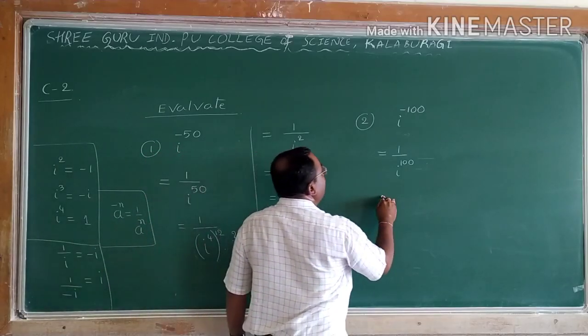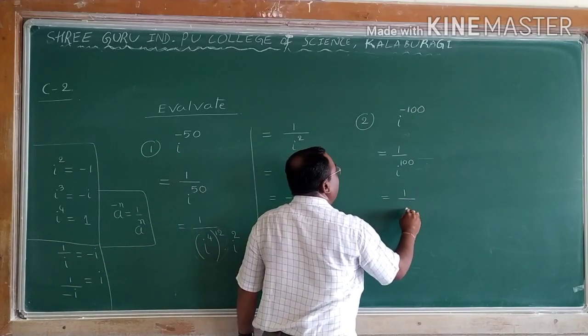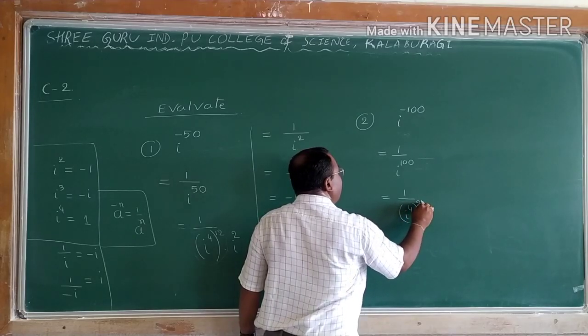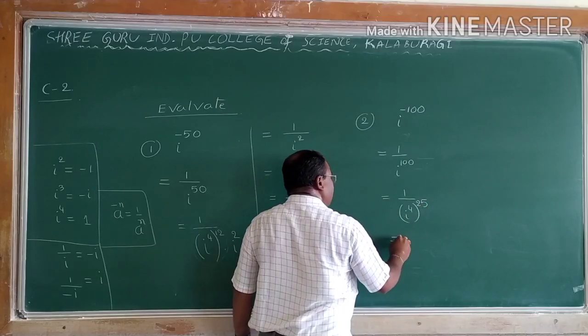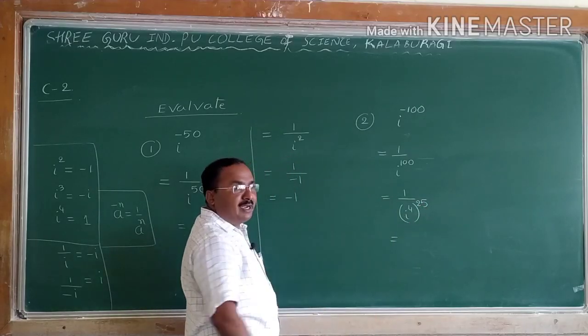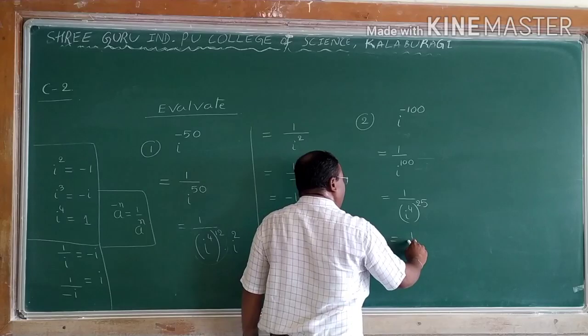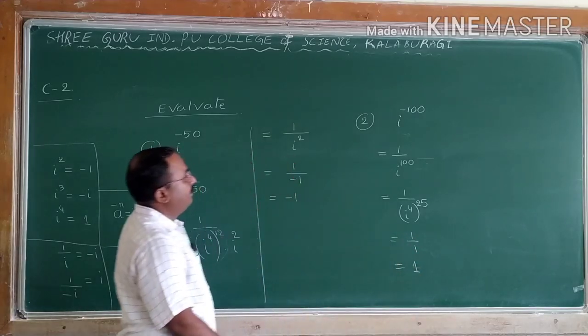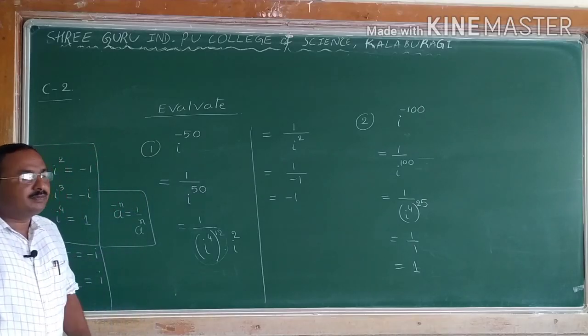Next, find the value of i power 100. i power 4 whole to the power 25, round the number. Remainder not necessary. 1 by 1, 1 by 1 is what? 1. Any doubts?